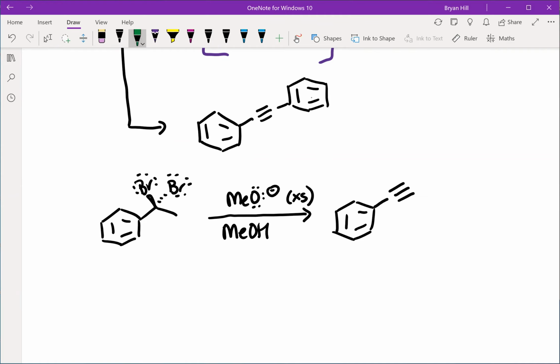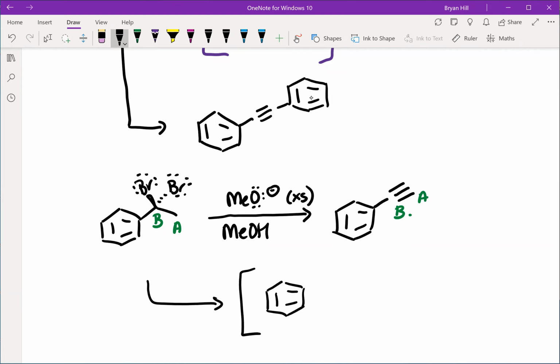So carbon A is here, carbon B is here. The intermediate that we would go through would look like this on our way there. So it's like an elimination reaction twice.